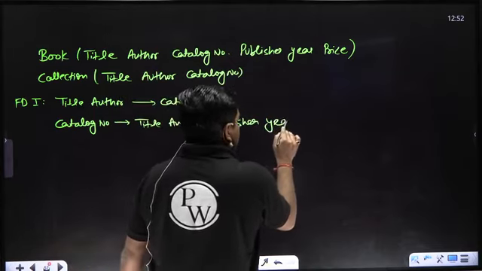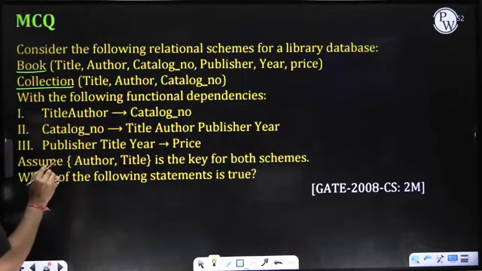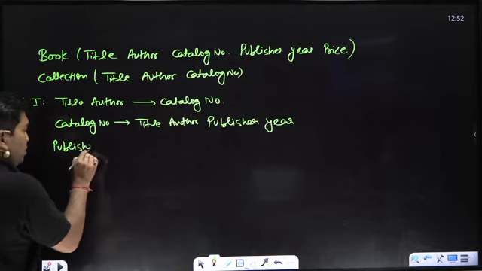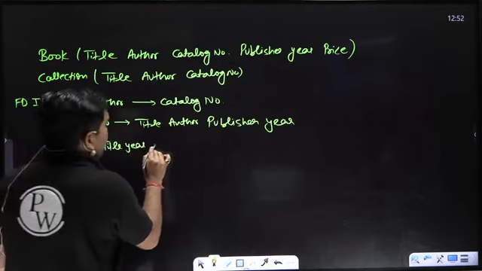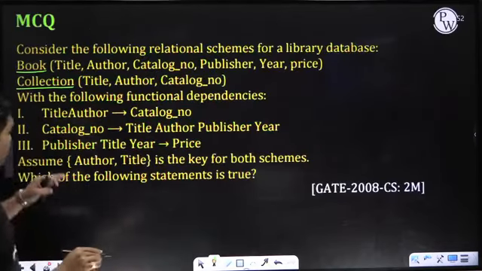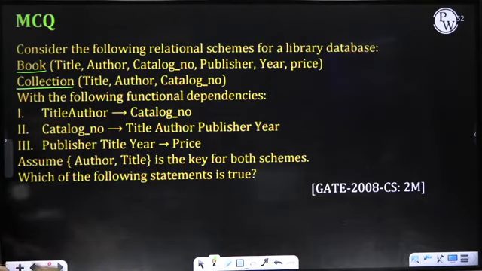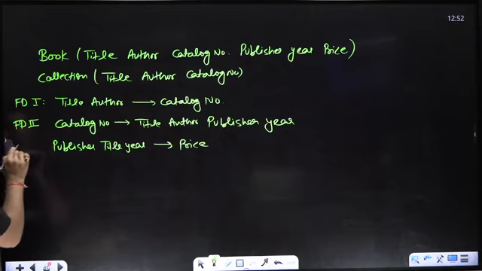And FD number three is publisher, title, year determine price. What? Publisher, title, and year determine the price. This is FD first, FD second, and FD third, my dear.